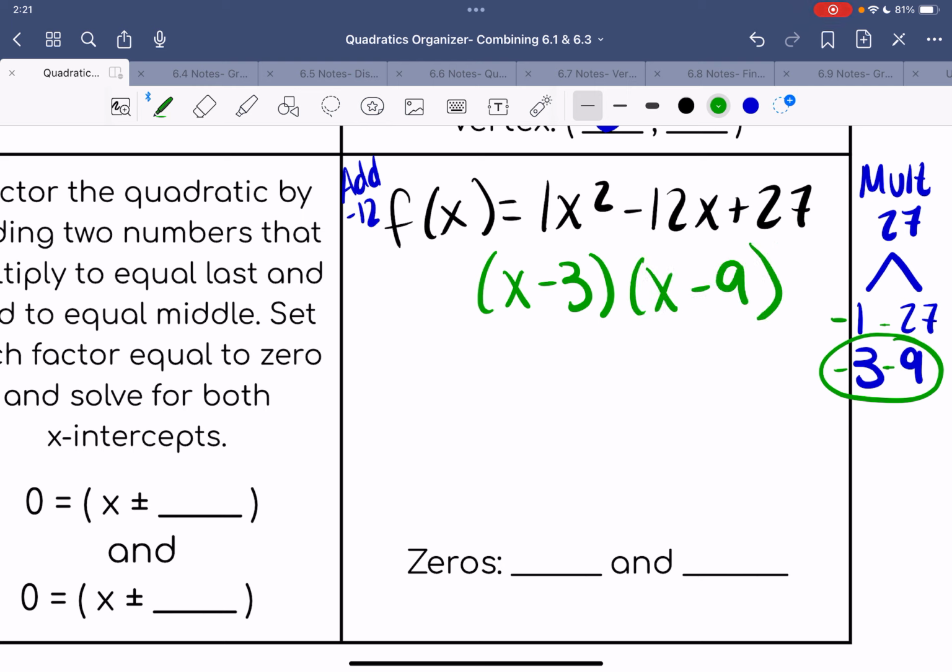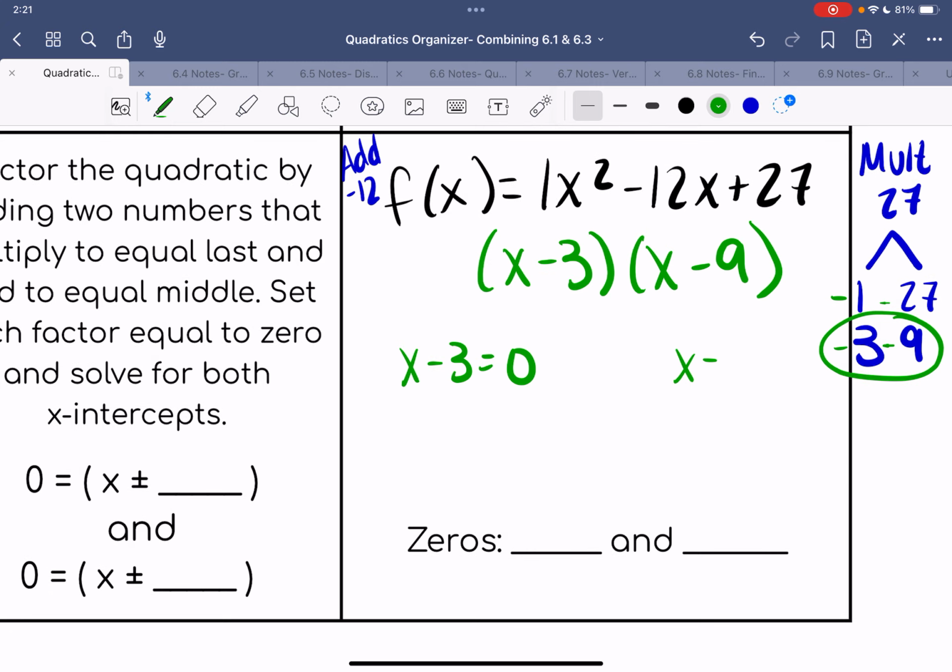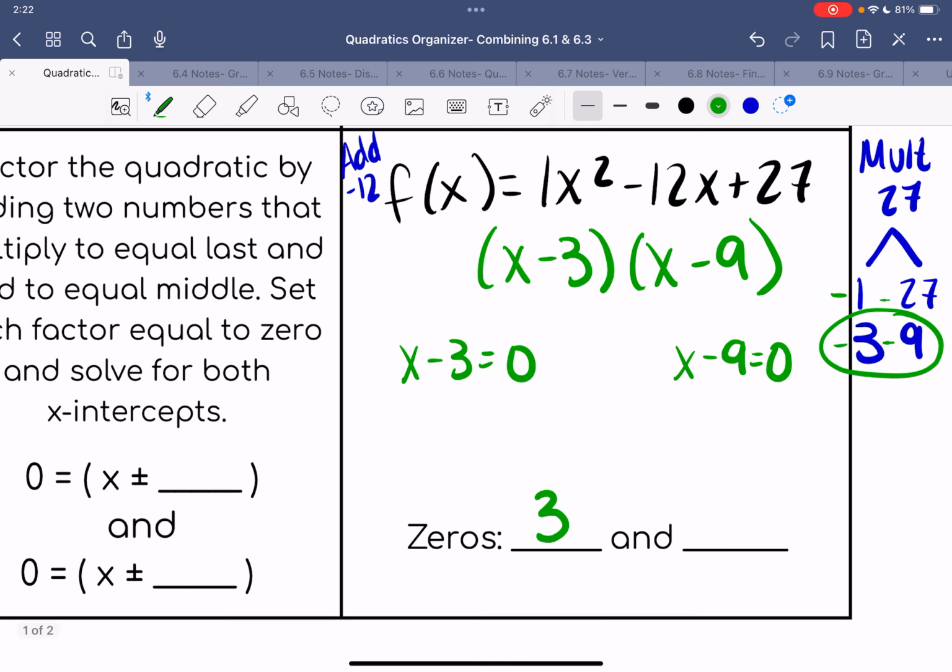And then how we find our zeros is we take each of those factors and set them equal to 0. So x minus 3 equals 0, x minus 9 equals 0. For x minus 3 equals 0, we can either think about solving that out, adding 3 to both sides. So if I added 3 to both sides, 0 plus 3 would be 3. One of my zeros would be 3.